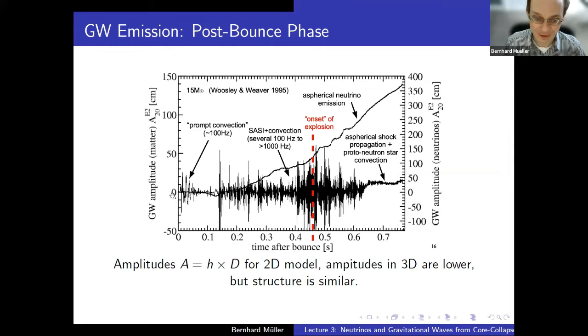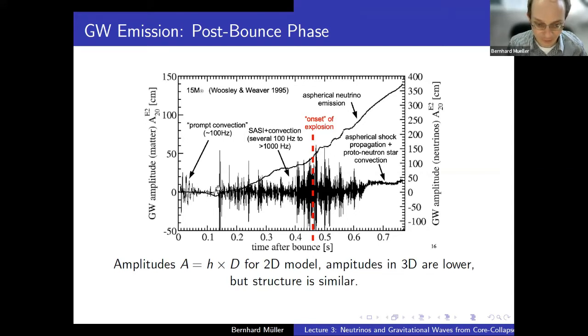Then this convection dies down, and in dying down, it excites pressure modes with a frequency of the order of 100 Hertz. And you see that ring down of these pressure modes excited by the prompt convection here.